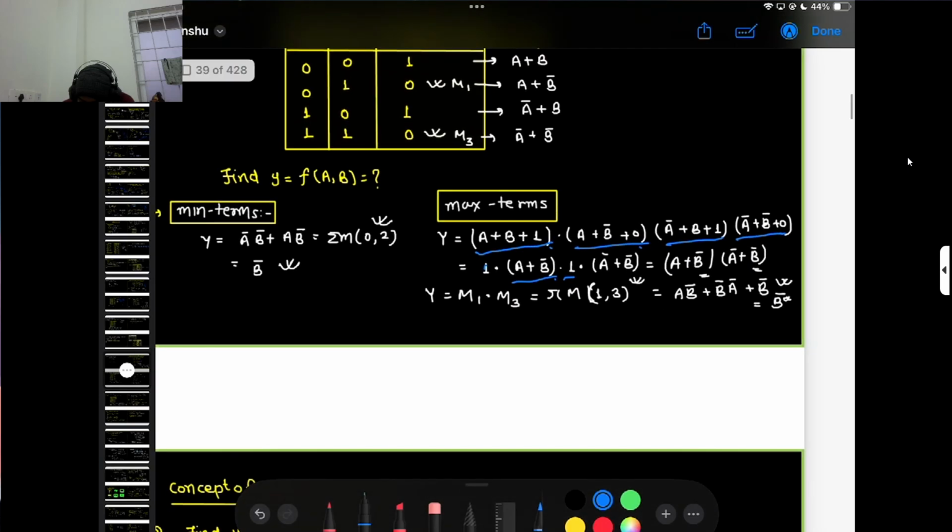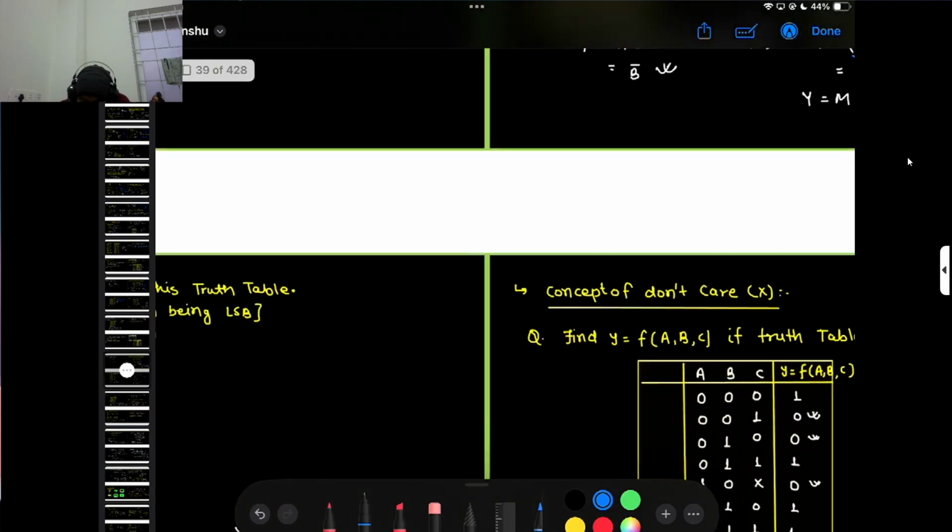So it basically gives me M1, here. M1 means 0 0, and B bar means 1. So it is M1, and here A bar plus B bar. So basically A bar means 1, and B bar, so 1 1, it's M3. So M1 and M3.